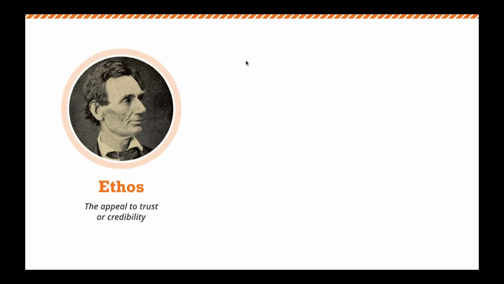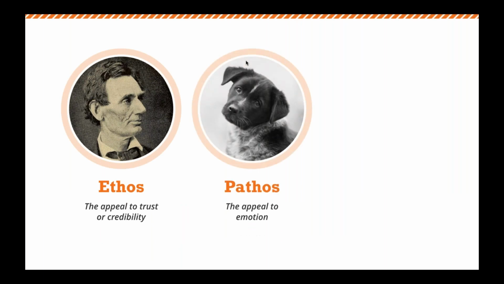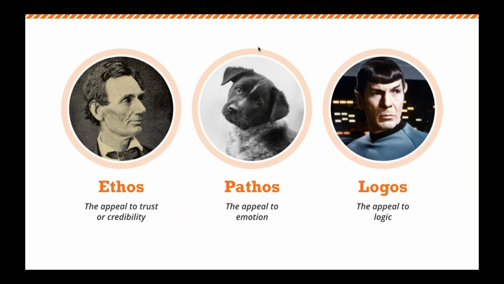So you may all be familiar with these terms. First is ethos, which is the appeal to trust or credibility. The next is pathos, however you want to pronounce that, which is the appeal to emotion. And then finally, we have logos, which is the appeal to logic. So credibility or trust, emotion, and logic.